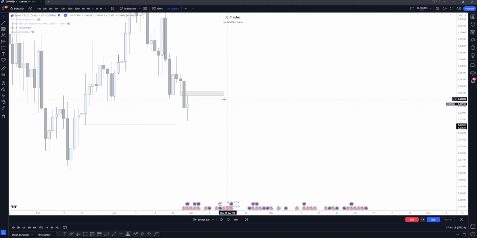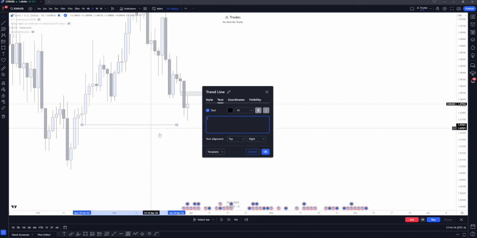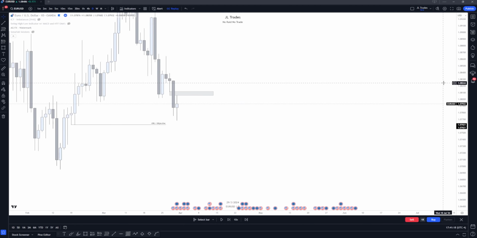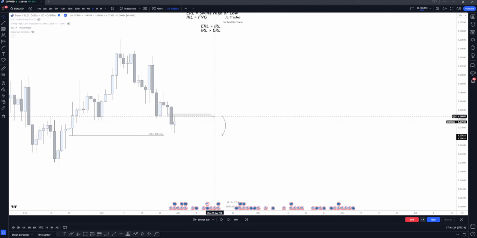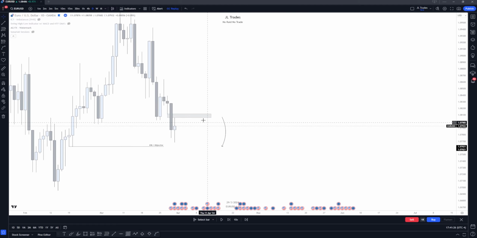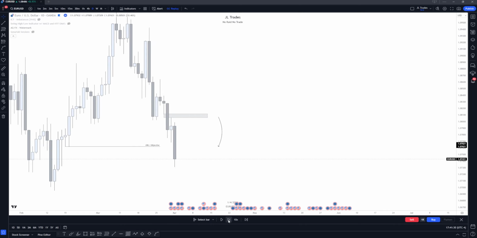What I would want to expect price to do now is to go further down. I would like to see a tap of this internal and a move down. We don't have a tap in this internal.